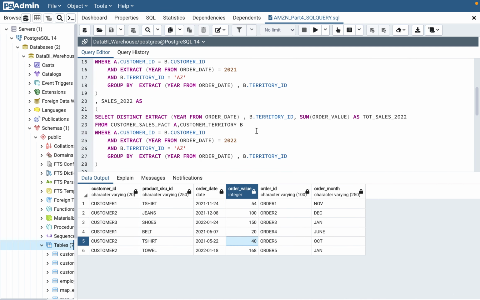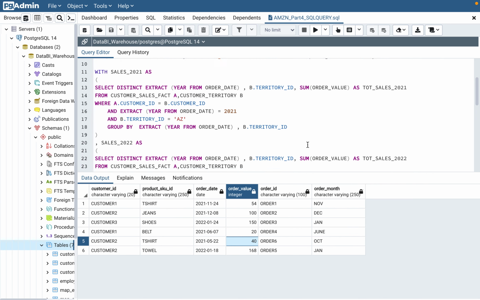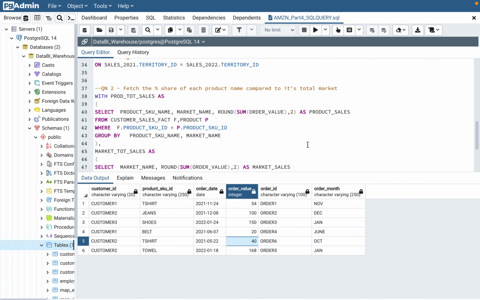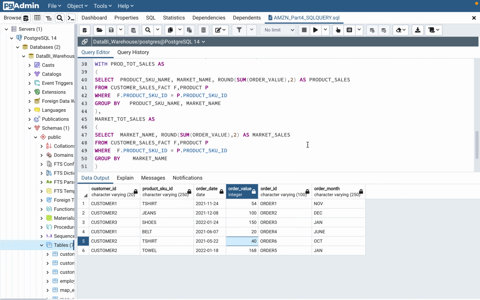Here I am getting it to 2 decimal points, because if you have an uneven percentage, then you need 2 decimal points. Round is a function which will round it normally, to 2 decimal points, as product sales. Then we join these two tables based on product SKU ID and then group by.